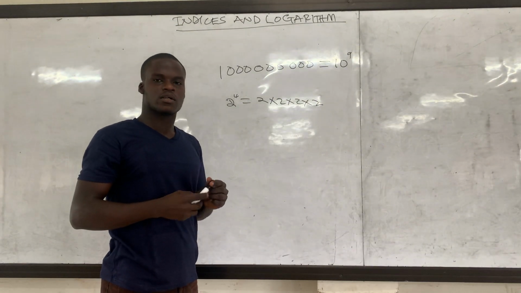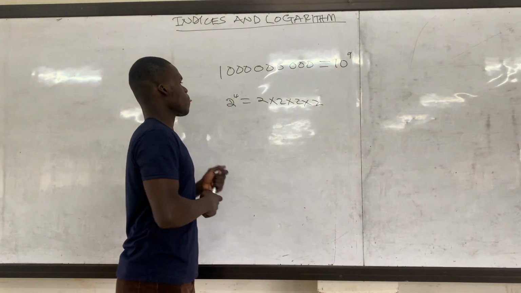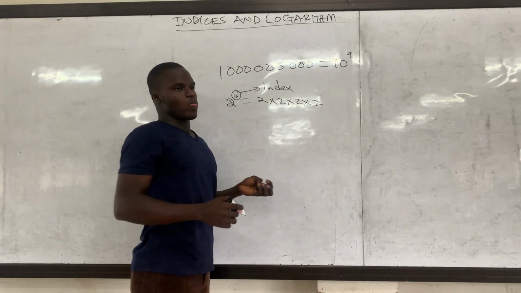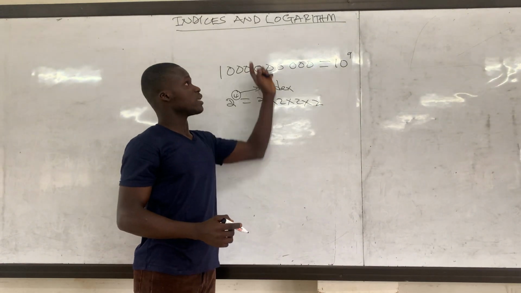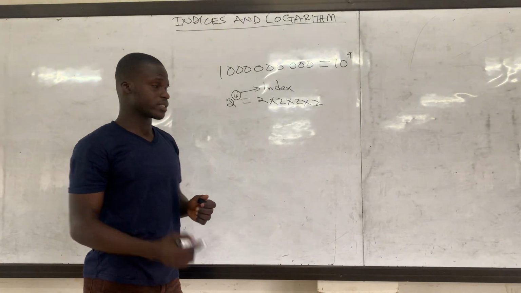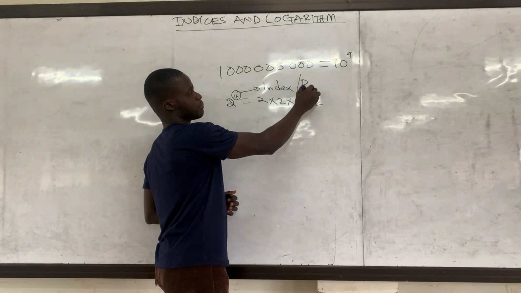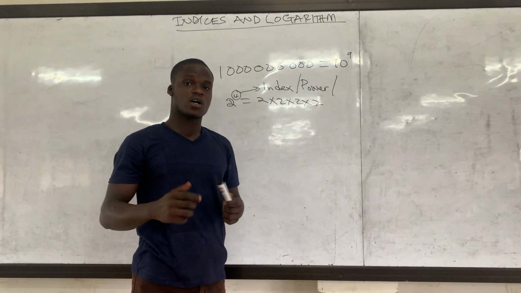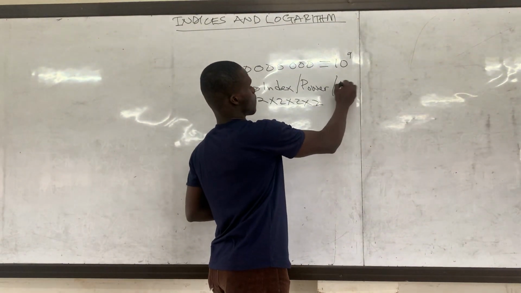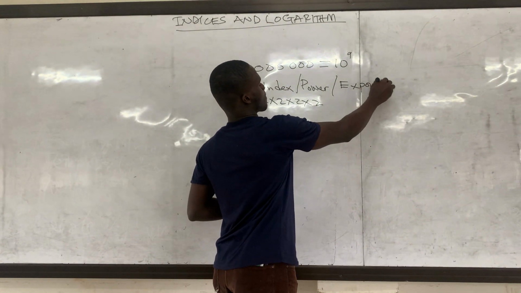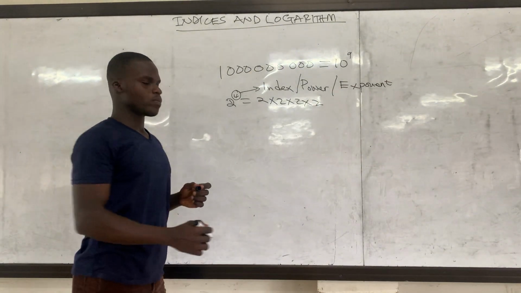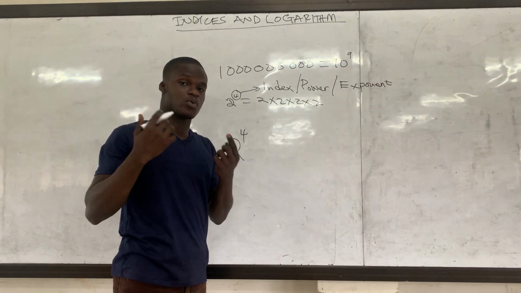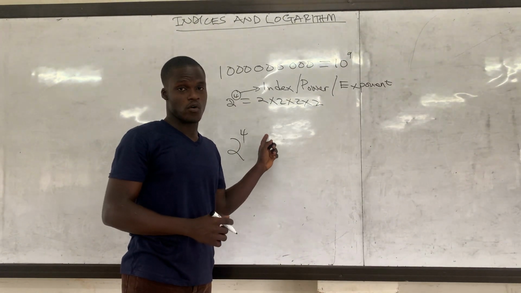So indices tells us how many times to multiply the number. That's where the name of the topic comes from. That's the index. It can also be called the power, and it can also be called the exponent. So the number 4 at the top here, 2 with a small 4 at the top, is pronounced as 2 exponent 4.